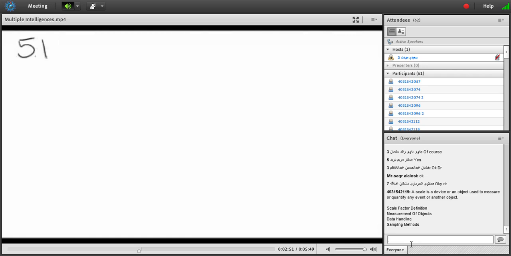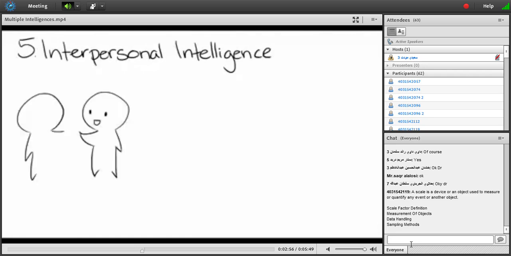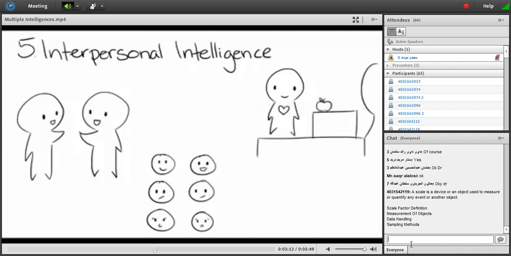Number 5. Interpersonal intelligence. People with a high interpersonal intelligence are often good at communicating with others. They are good at noticing shifts in others' moods and motives, as well as taking multiple perspectives on a subject. They often score high on empathy and do well in socially orientated work, such as teaching, social work, and acting.